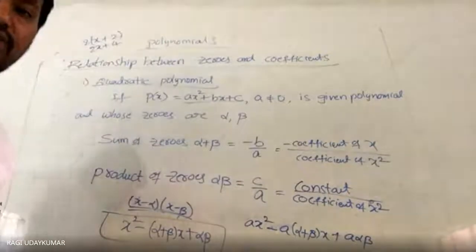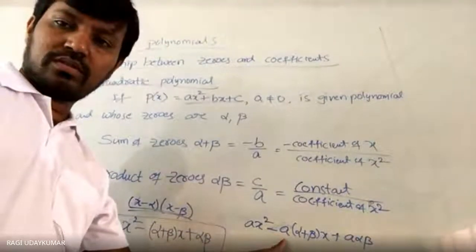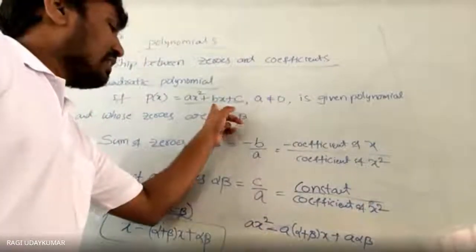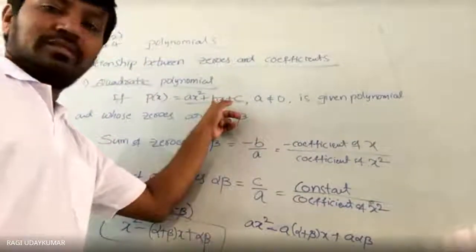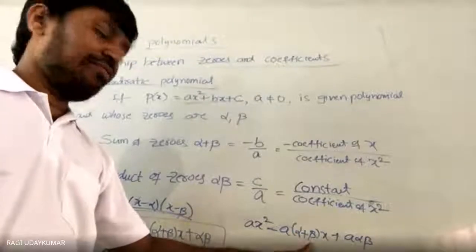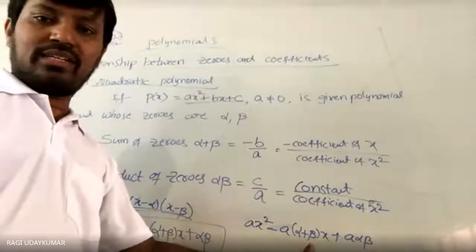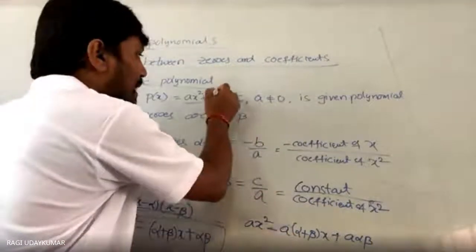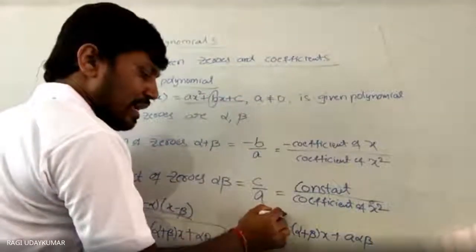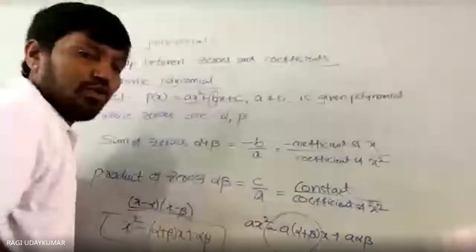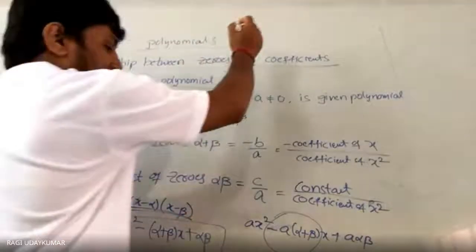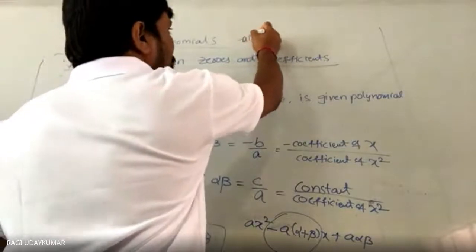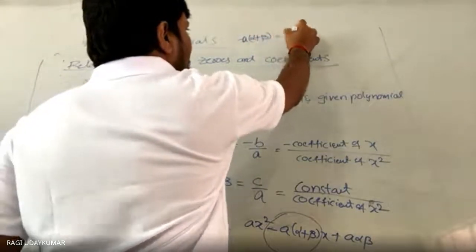Now compare the coefficients. In the place of b, what do you have? Minus a into alpha plus beta. Equating both, we get minus a into alpha plus beta is equal to b.